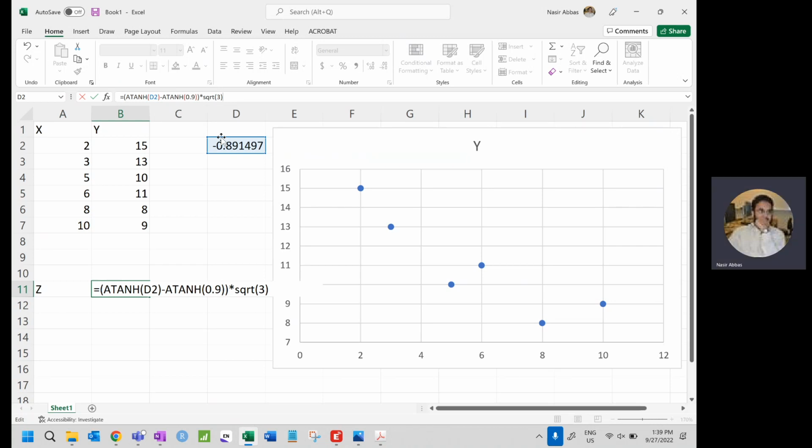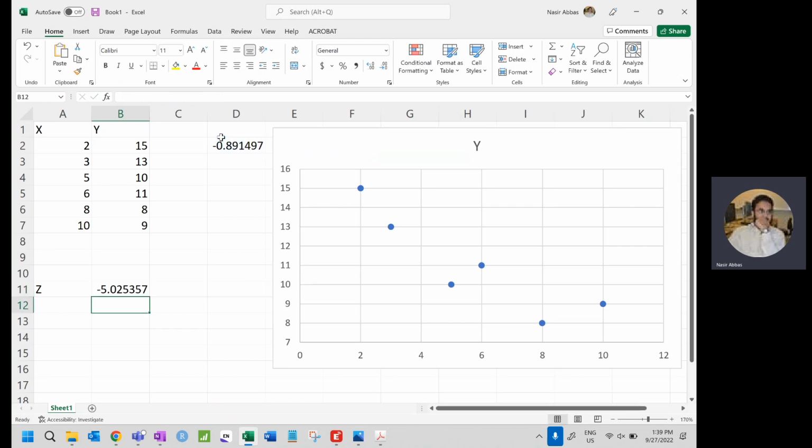You get the point? Why am I multiplying? It's 1 over n minus 3, so it comes to the numerator. So the value comes out to be minus 5 point something. And then you apply the same rejection region approach of standard normal or the same p-value approach.